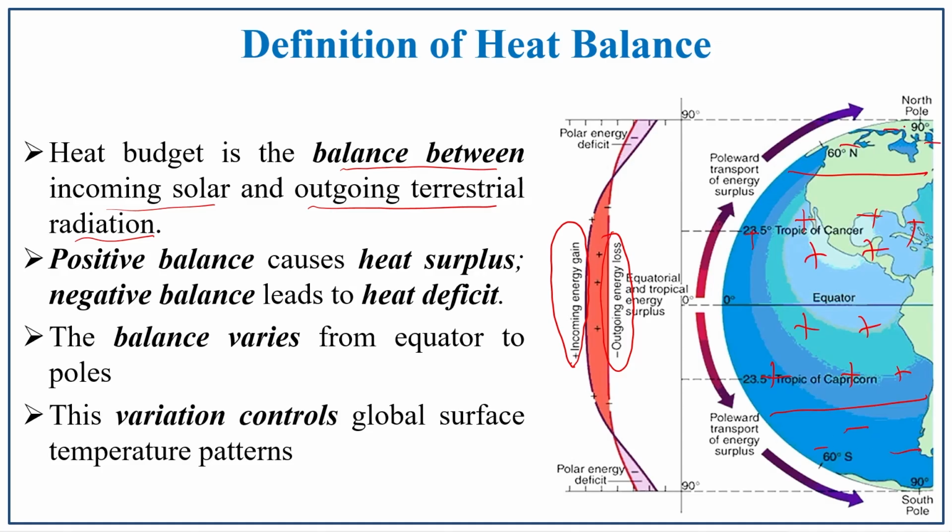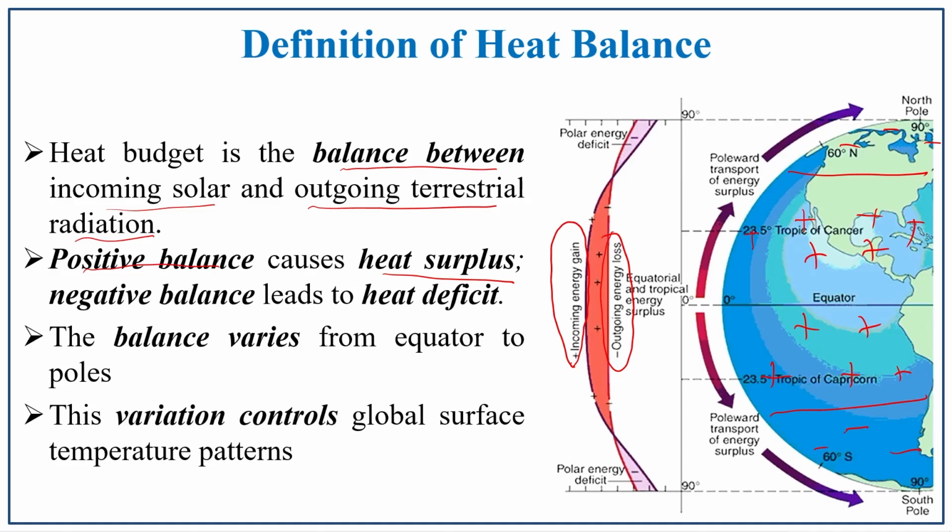So, there is a transfer of heat from lower latitudes to higher latitudes, which generates the balance of temperature. A positive balance causes a heat surplus.